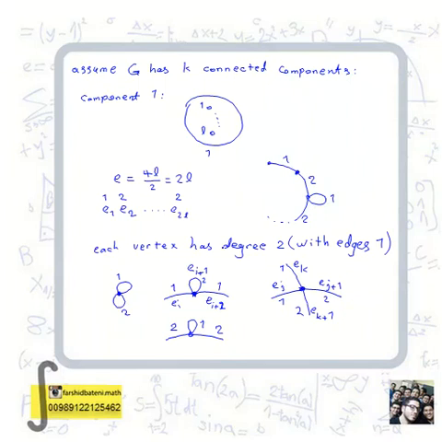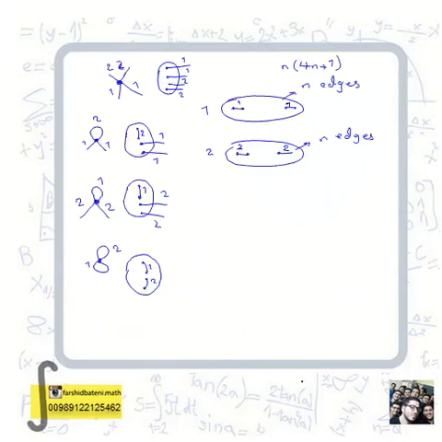In this case also the condition is satisfied, and now we want to prove the problem. So we have n edges with number 1 and n edges with number 2. We put all edges with number 1 in pile 1 and the others in pile 2. The weight of the first pile is n times 4n plus 1, so the first condition is satisfied.